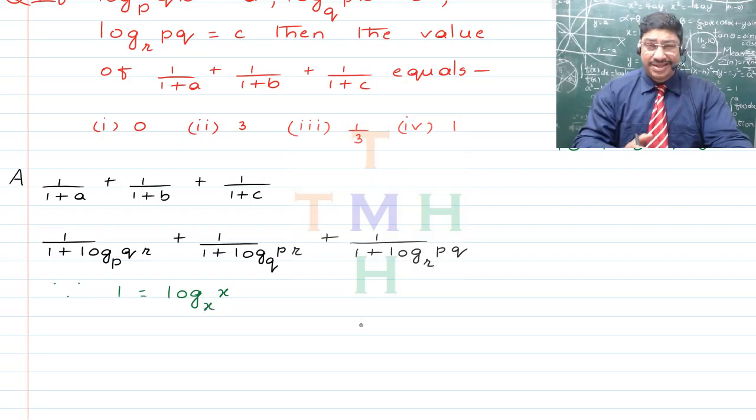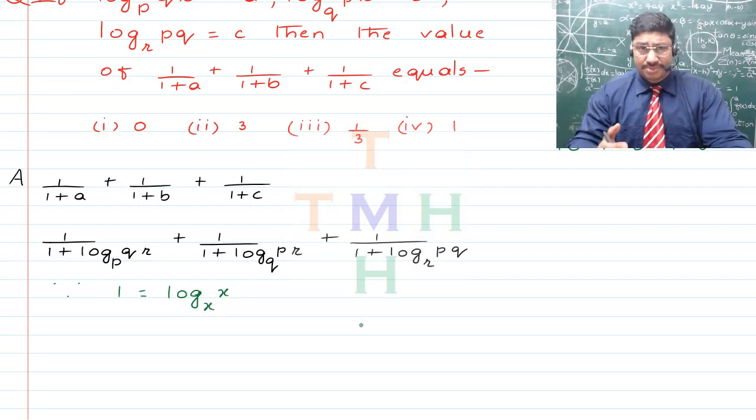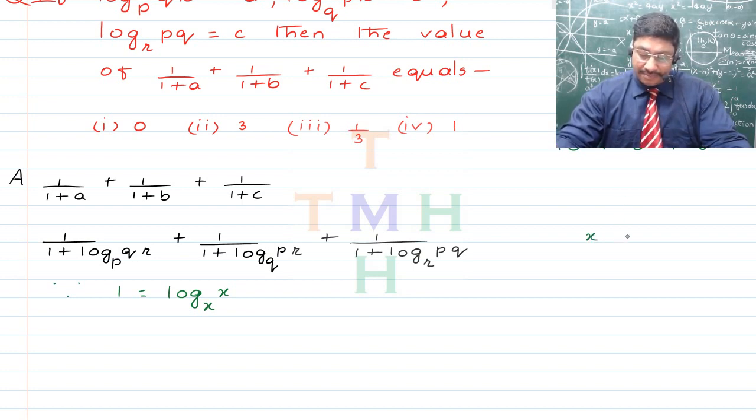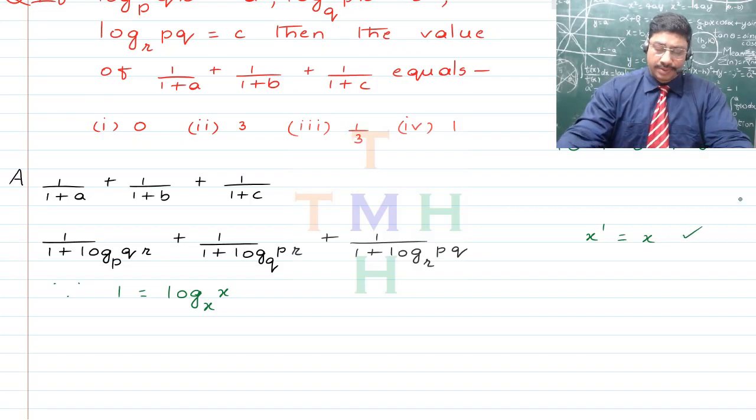We can very simply convert this into exponential form and understand this. That is, we will keep the base the same, and then exchange the remaining parts, that is, x raised to the power 1 will become equal to x, and this is perfectly true, right? And that is the reason why when we talk about log of a specific number, when that number is also the base, then the value of it is going to become equal to 1, right?